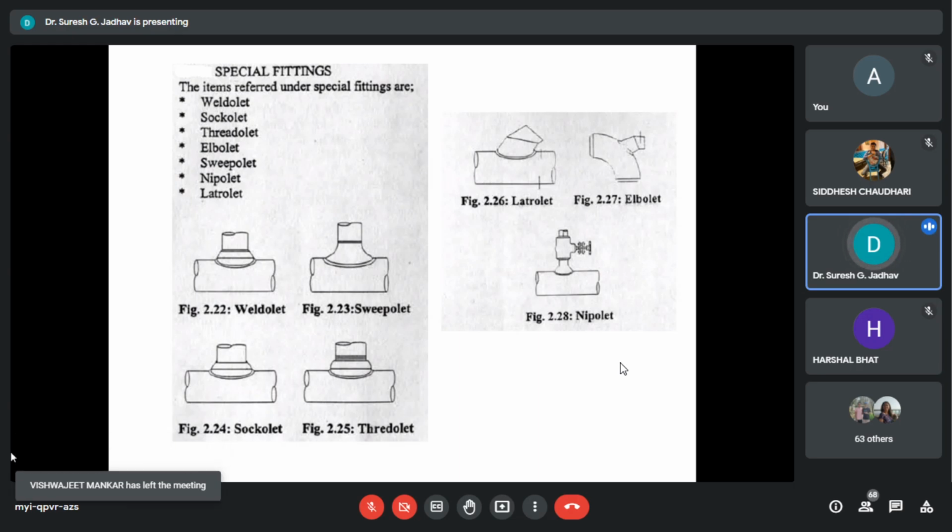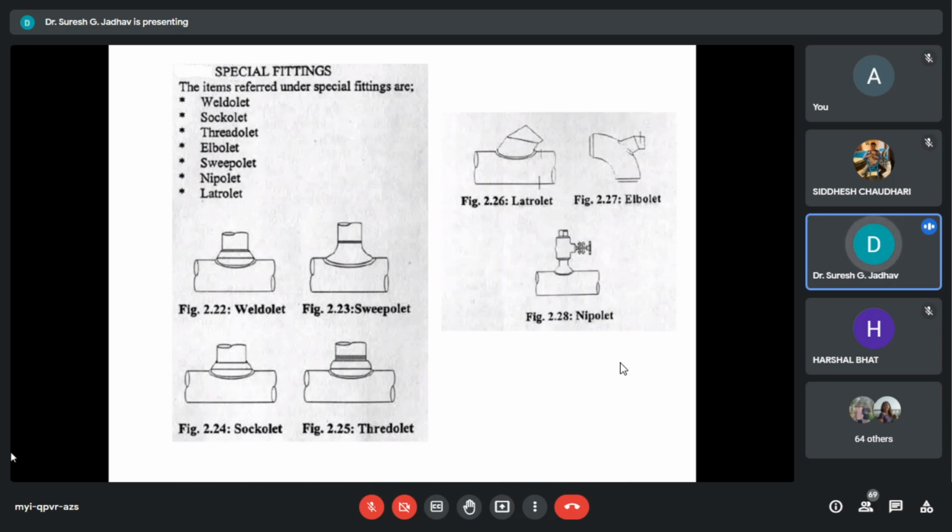For this purpose, we can use elbowlets. And sweepolet is an integrally reinforced butt weld branch connection. See sweepolets, it is an integrally reinforced butt weld branch connection. Then we can use sweepolet.